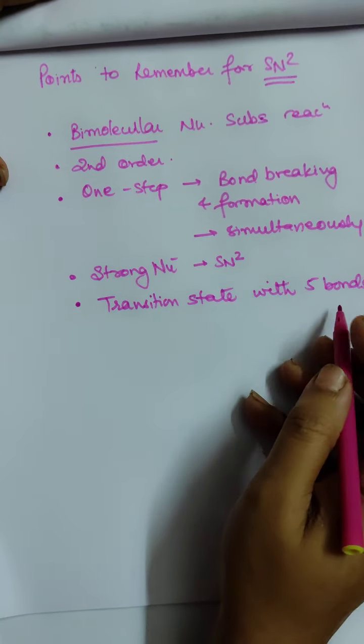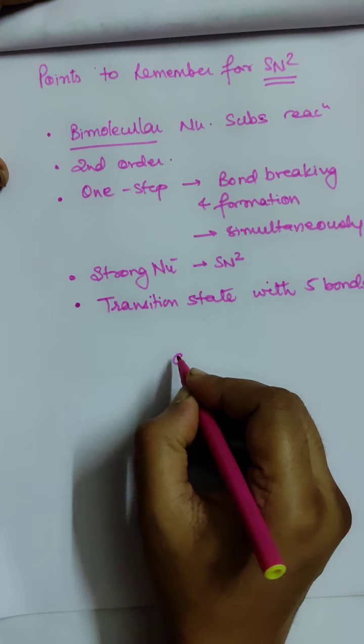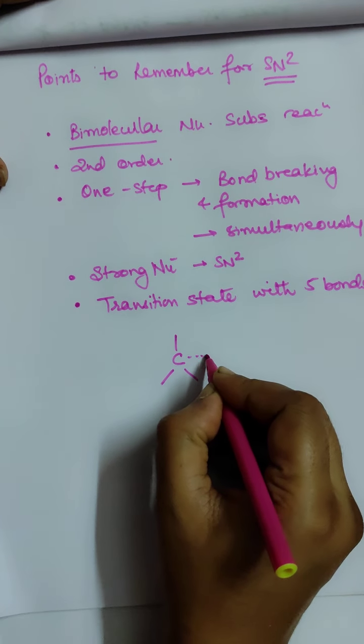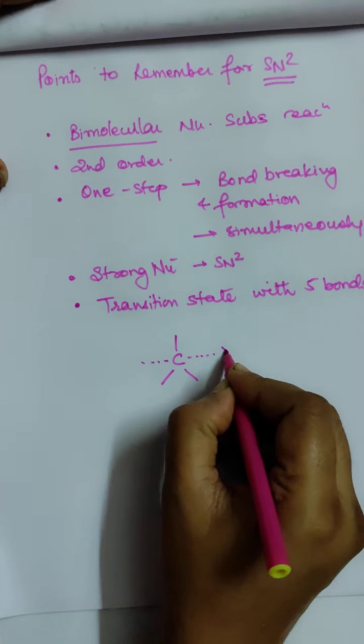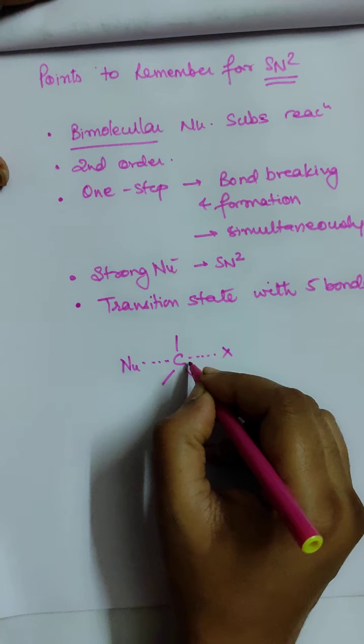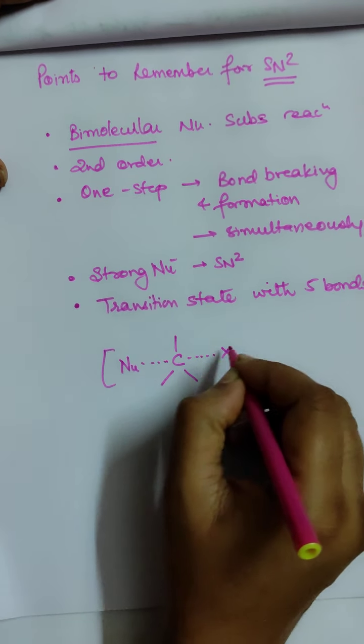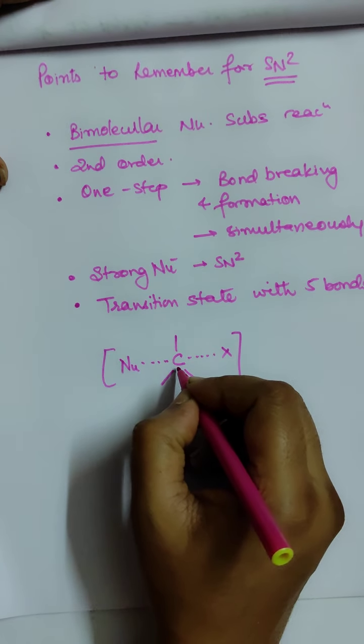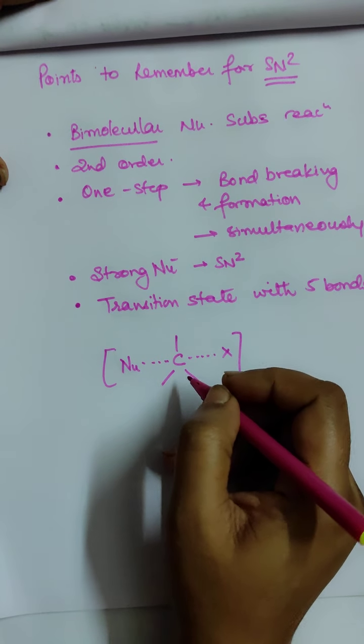These 5 bonds are not completely formed. You will have a transition state in which 3 bonds will be completely formed, and you will have 2 partially formed bonds, one in which the carbon halogen bond will break, and from the other side the carbon and the new nucleophilic bond will be formed here.